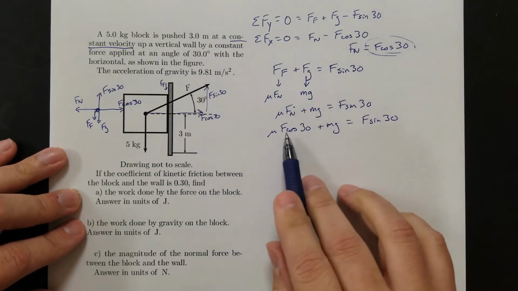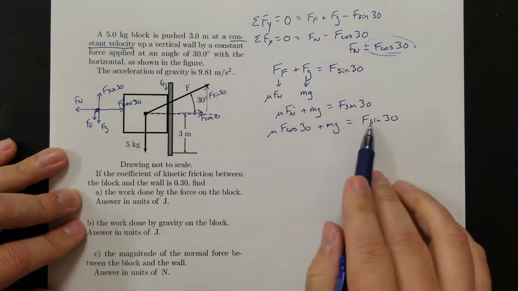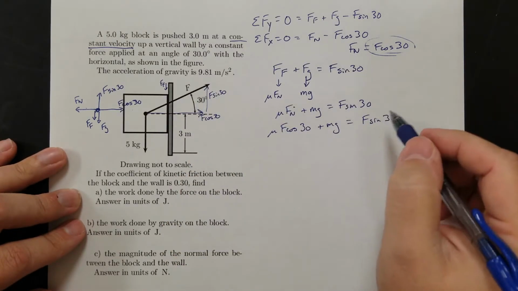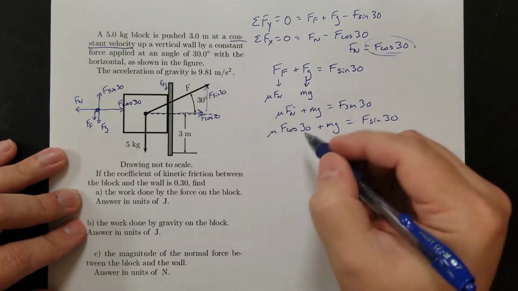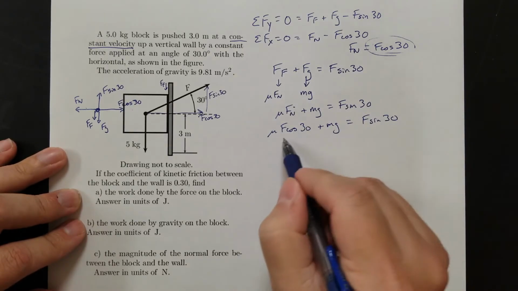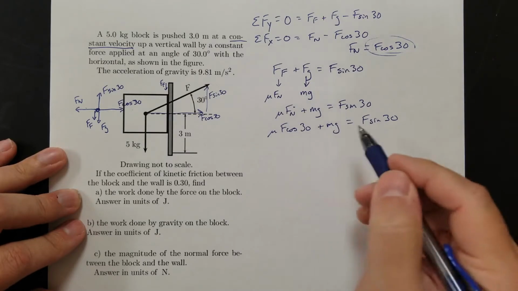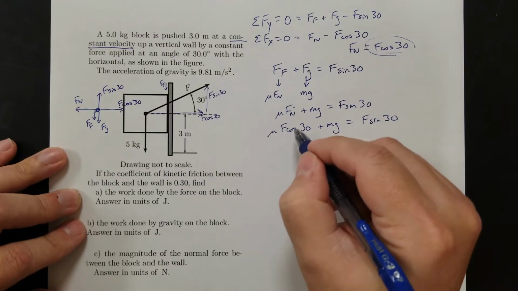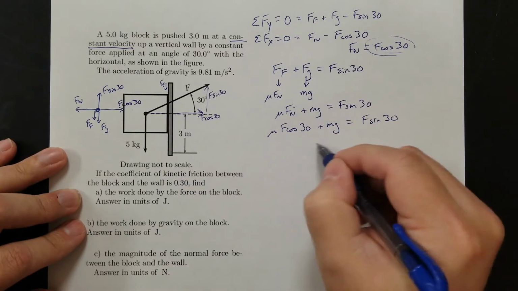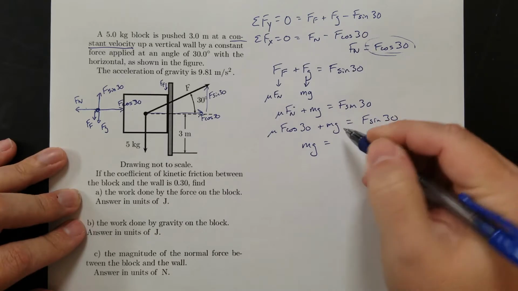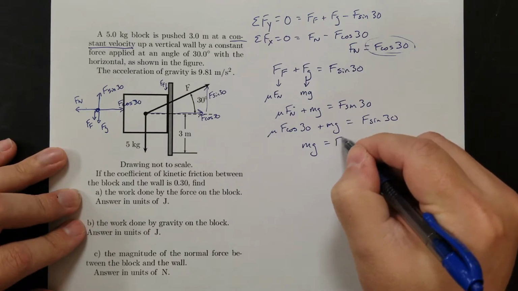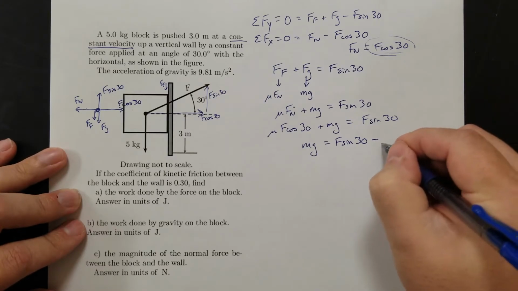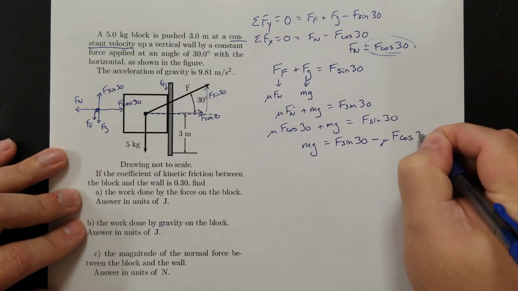Okay, so I'm trying to get F. If I could get F, then I can solve for work. Got to figure out F because I'm not given F. So let's combine these things. I'm going to get my F's on the same side, so I'm going to subtract mu F cosine 30 from both sides. So mg equals F sine 30 minus mu times F cosine 30.